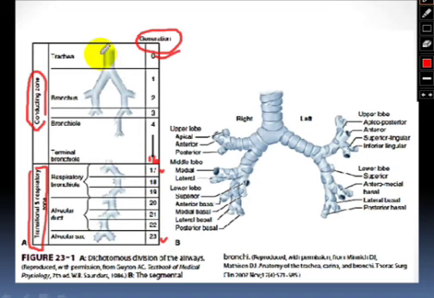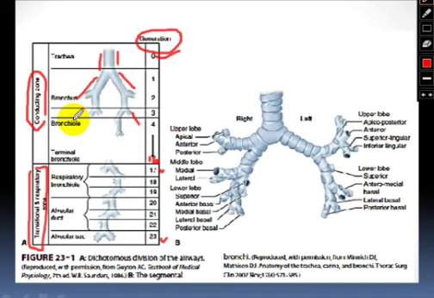The trachea divides to form two branches, that is the right and the left bronchus. These two branches further divide. We are talking about the tracheobronchial tree. Alright? These two branches further divide to form the bronchioles.